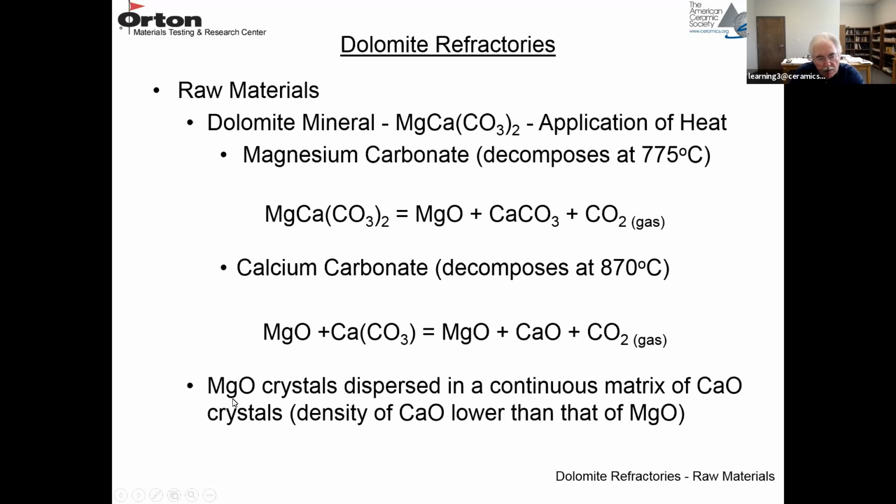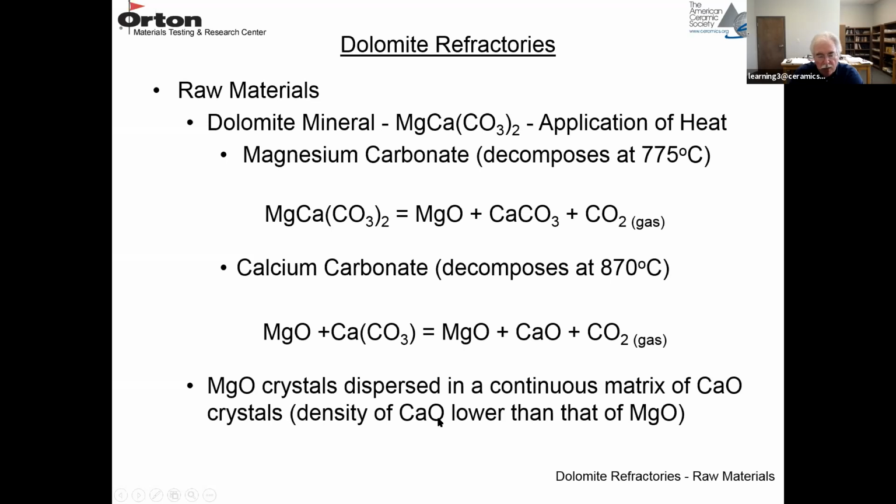The MgO crystals are dispersed in a continuous matrix of the lime crystals, CaO crystals. The density of CaO is lower than that of MgO. So even if it's a 1-to-1 ratio of MgO to CaO, the CaO is going to be the continuous matrix with the MgO crystals dispersed in it.